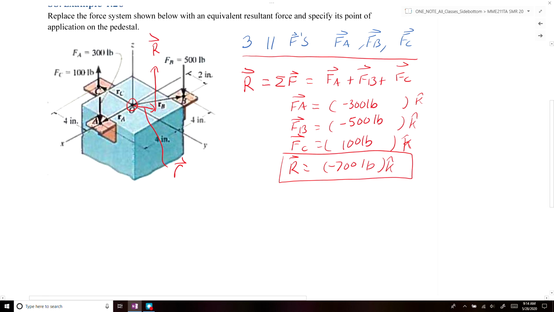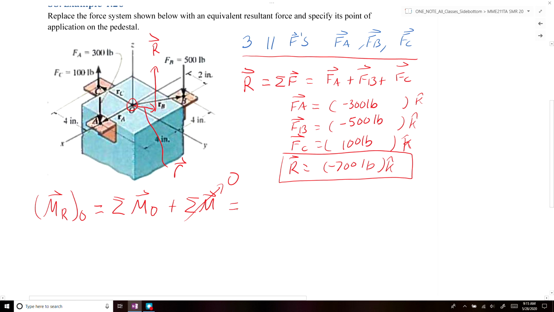So we can find our resultant moment about the origin, which would be equal to the sum of all of our moments due to our forces plus any couple moments applied to our system. In this case, we have no couple moments applied to our system, so it'll simplify down to just the sum of all of our moments at point O.